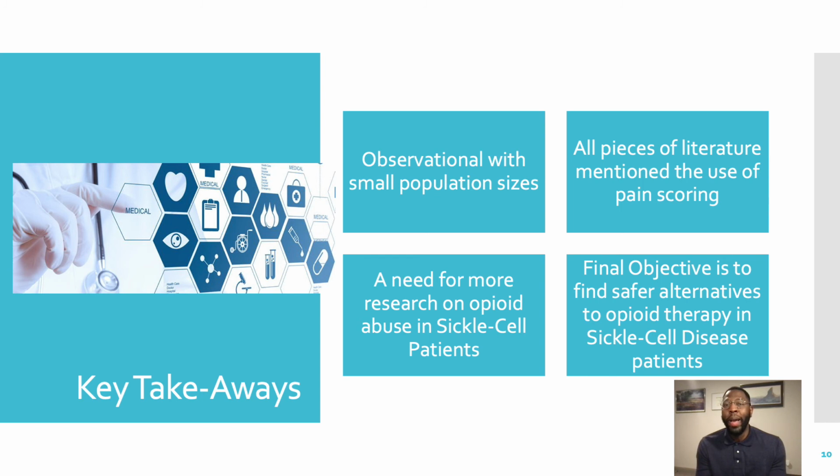This might be related to opioid abuse and misuse as well, since patients are scoring themselves, but there is a sophisticated system that is not consistent across hospital systems. And this may lead to over-prescribing of opioid treatment therapies to sickle cell disease patients.